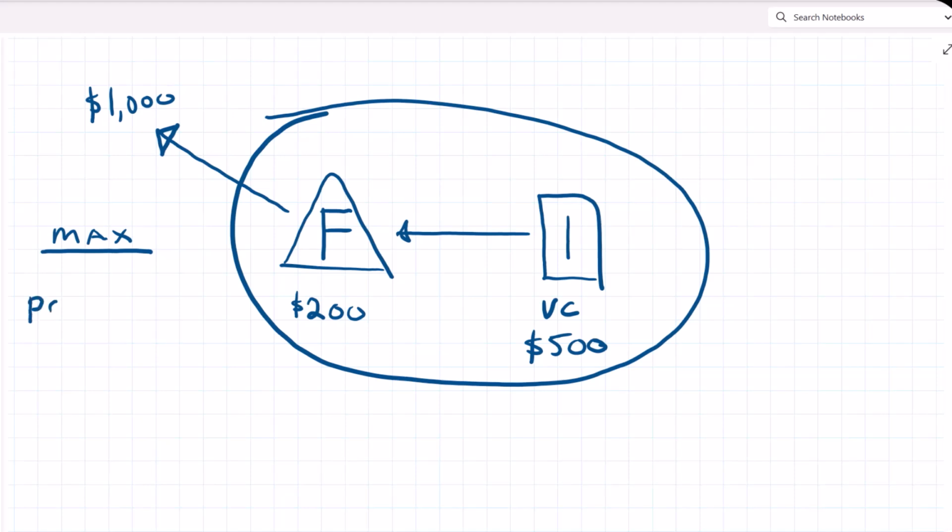So we have price $1,000. And we have a cost of further processing, don't we? I'll call that further processing cost, abbreviated, just to save a little space here on my screen.